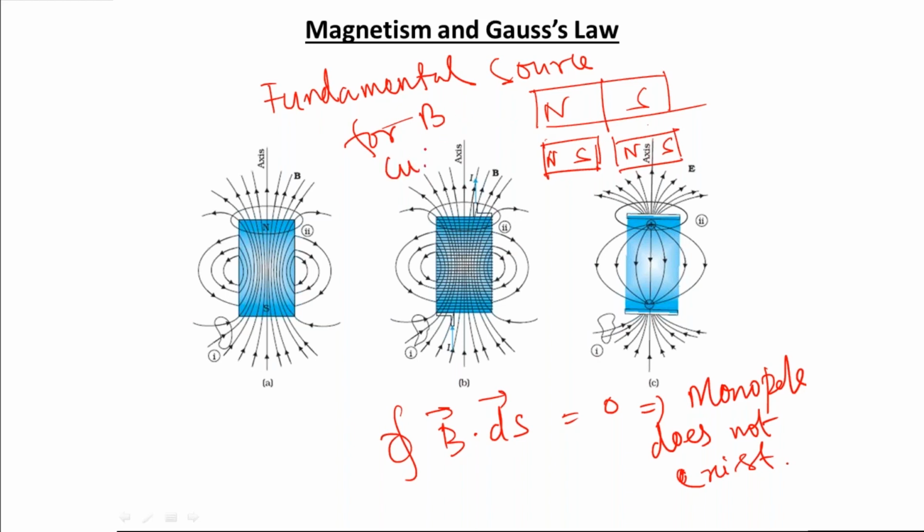Current loop means what? We know a current carrying loop acts as a magnetic dipole.